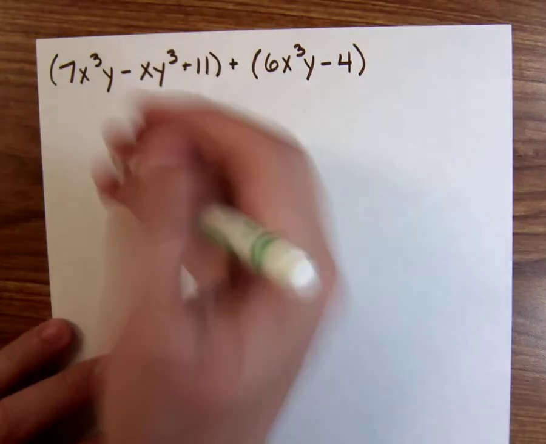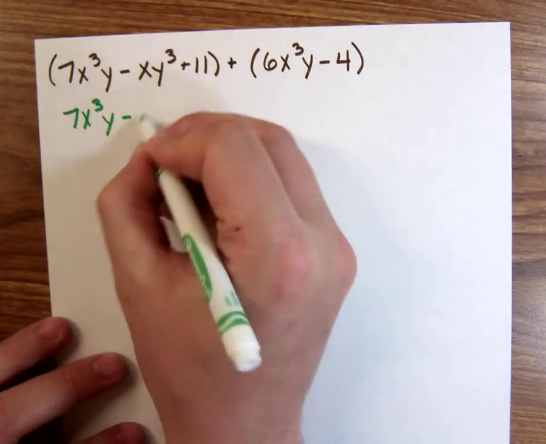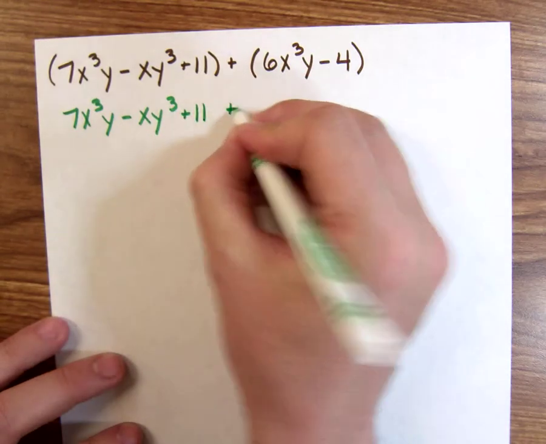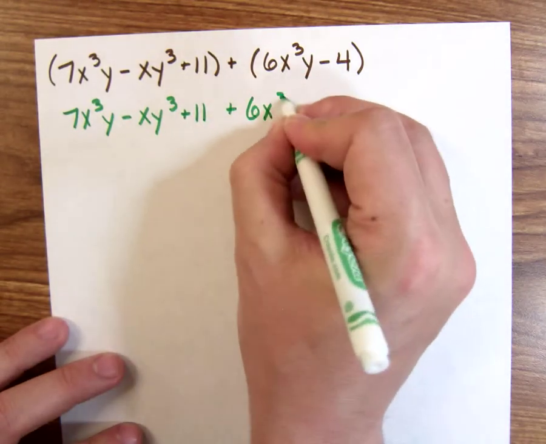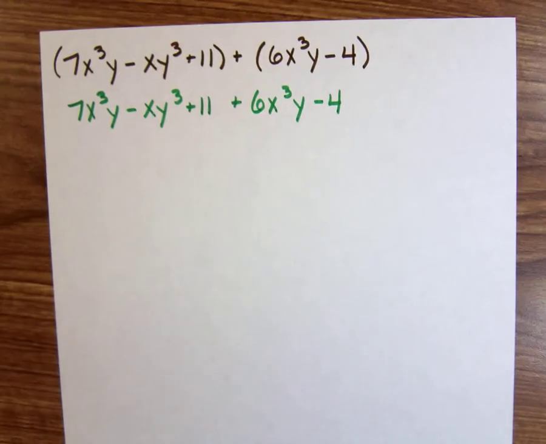So I can rewrite this without the parentheses. Maybe you're thinking, why'd you even write the parentheses? It's because I want you to see the difference between adding and subtracting. When you add, the parentheses make no difference. When you subtract, they make a big difference. So before you erase parentheses, make sure that it's an addition problem.